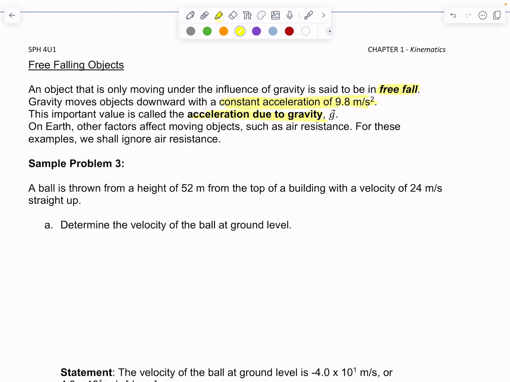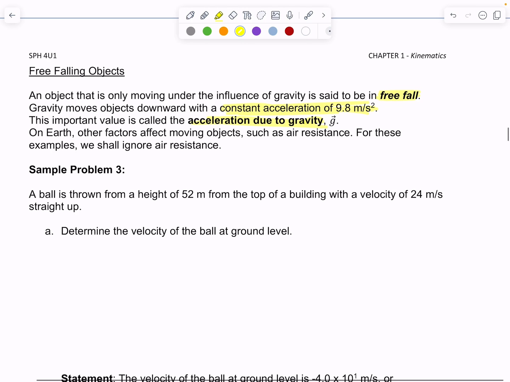Let's try sample problem number 3. A ball is thrown from a height of 52 meters from the top of a building with a velocity of 24 meters per second straight up. Determine the velocity of the ball at ground level. So let's draw a little diagram of what this looks like.